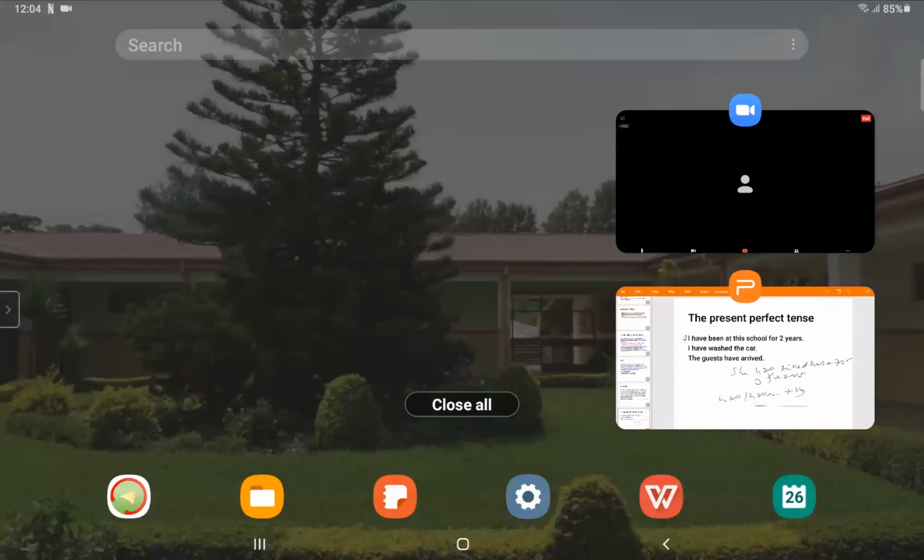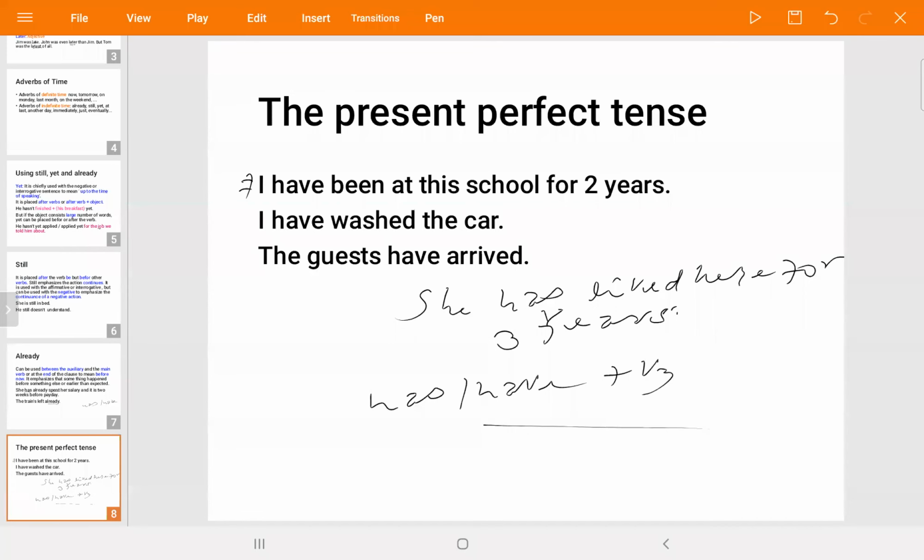So I've been at this school for 2 years. She has lived here for 3 years, starting from the last 3 years till now, till the time of speaking.